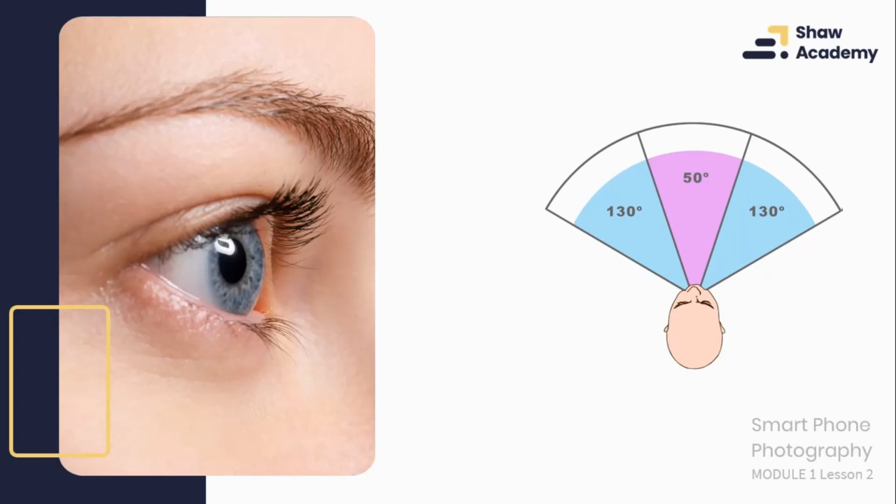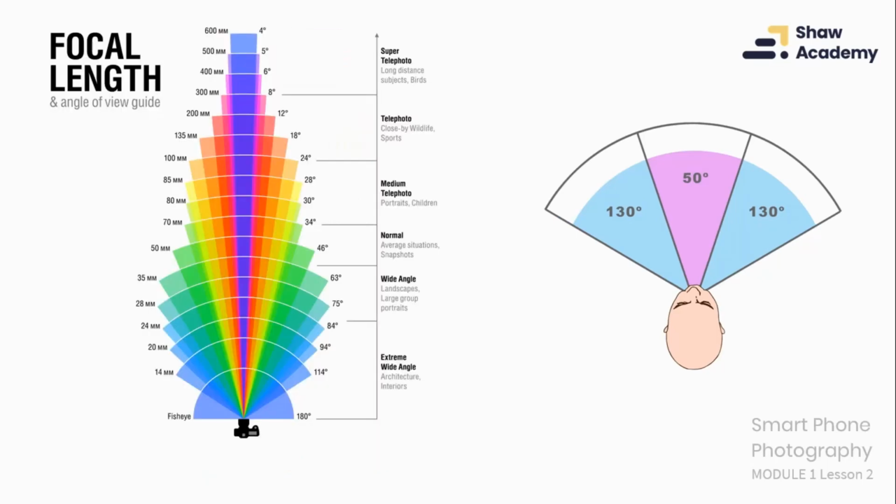And this translates very much into our lenses as well. If we were to look at a full range of lenses for a standard DSLR camera, going all the way from our fisheye up to a 600mm lens, we can see that as our focal length increases, our angle of vision becomes much narrower.